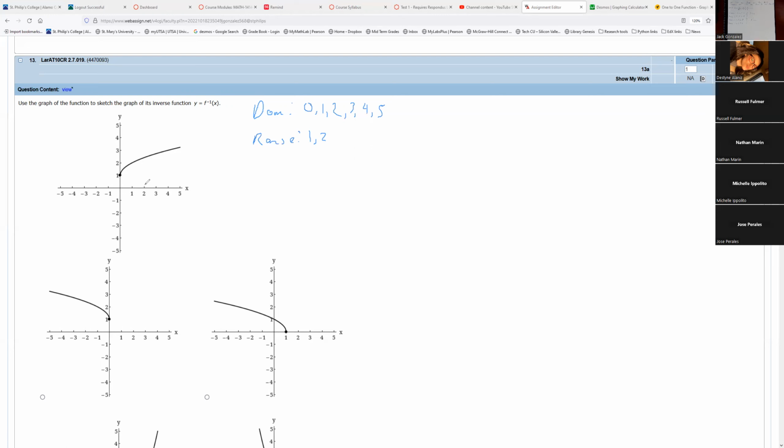Actually 2 is a little bigger than that, maybe 2.5-ish. 3 is about 2.9 maybe. 4 looks like it's at 3.